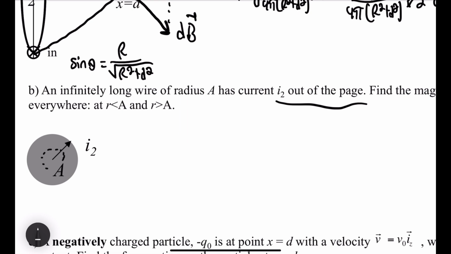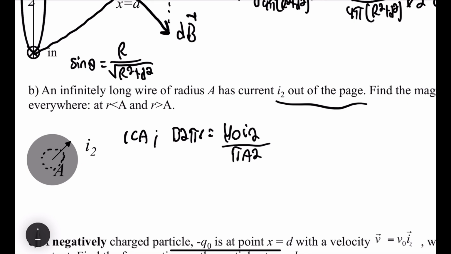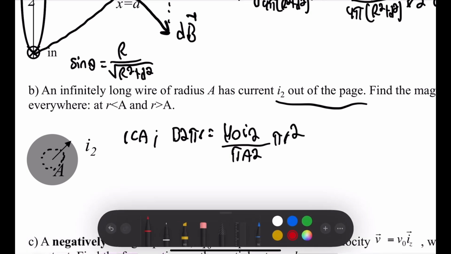If I create a loop in here at r less than a, I will get B times 2 pi r is equal to mu naught times the current, which is I2, but then I'm going to divide it by the total area of the surface, which is pi a squared, times the area of where my loop is, which is going to be pi r squared. So here I can see that the pi's cancel, one of the r's cancel. So I get B is mu naught I2 r over 2 pi a squared.